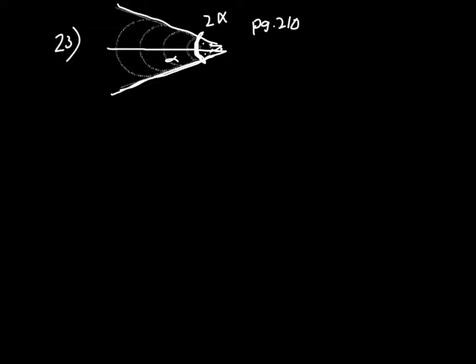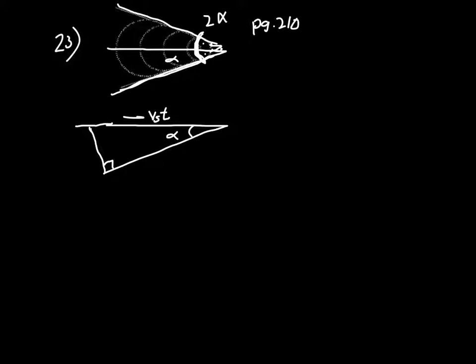So to figure out that alpha angle, again, borrowing from page 210, if I can simplify this, here's 1/2 of that angle. Here's alpha again. At any given point in this bow wave, this distance right here along this axis is going to be the velocity of the source times time.